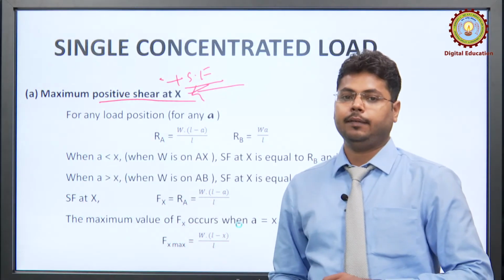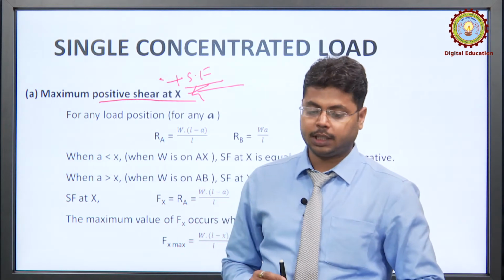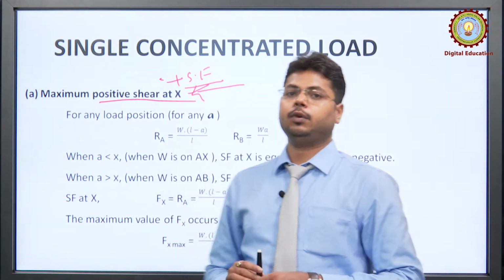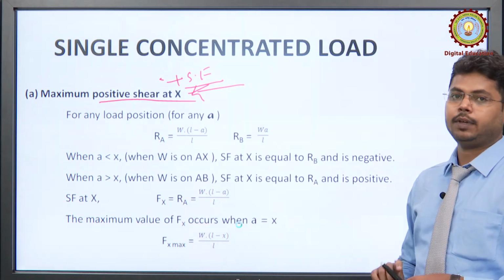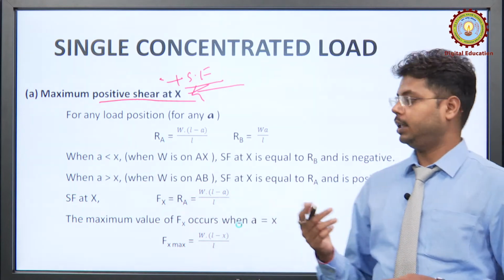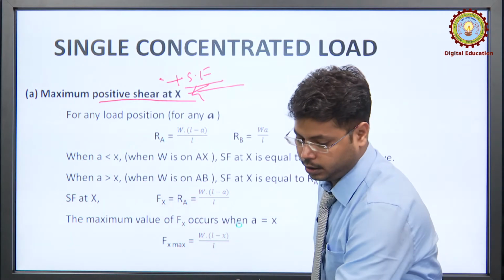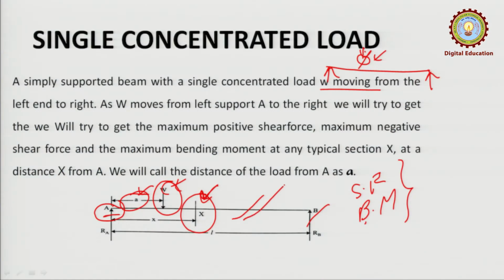Now we are going to draw for the maximum positive shear force. For that, we have to find our reactions Ra and Rb, and after that the load is actually moving. First we can easily draw the beam diagram.